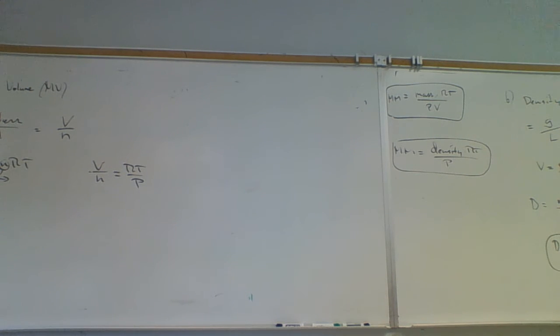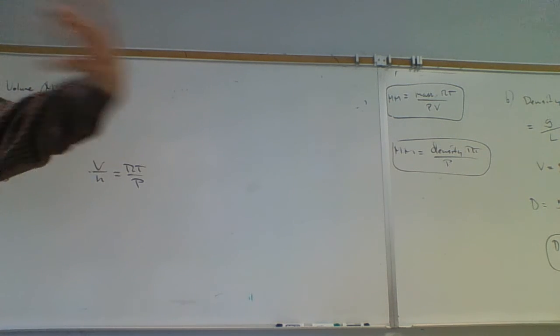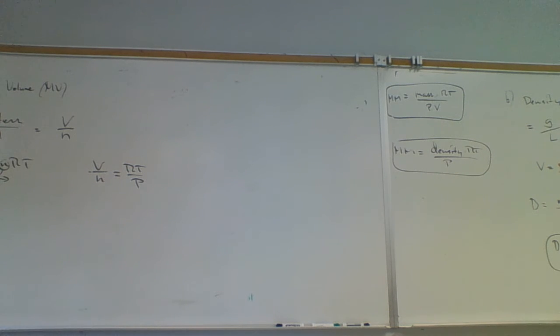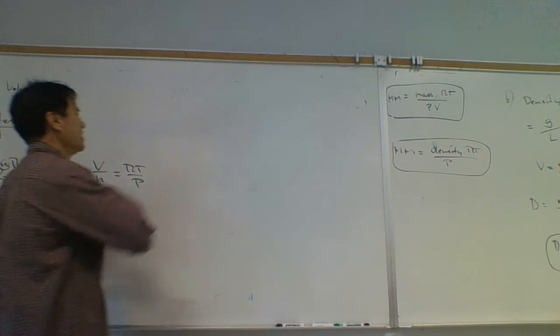So for example, how much space does a liter of gas take? Well, a liter of gas takes a liter, but how much space does a mole of gas take? Well, it really takes a lot more than a liter. And so let's take a look at standard temperature and pressure, STP.